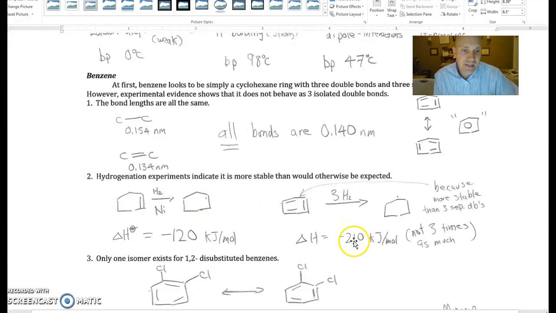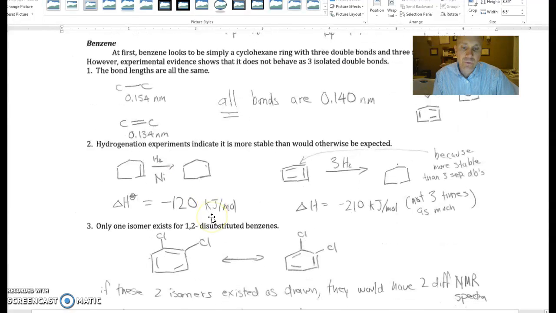But what you find is that that number is minus 210 kilojoules per mole. That's the amount of heat that would be given off. And notice that that's not quite 3 times as much. So the reason for that is that this is a relatively stable structure. Each of the bonds in this molecule is more stable than this bond right here.